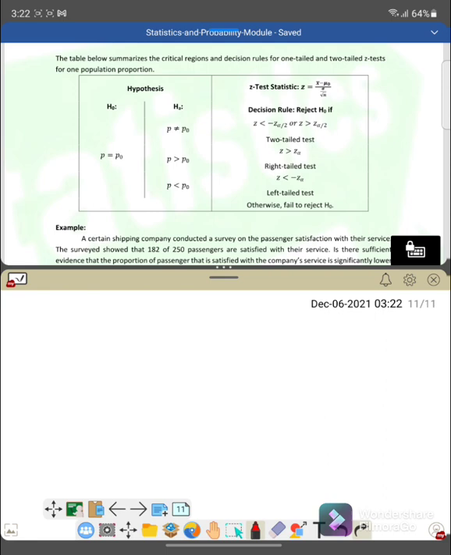So for two-tailed, that is not equal to, you see this word or. And for the left-tailed, we have the less than.